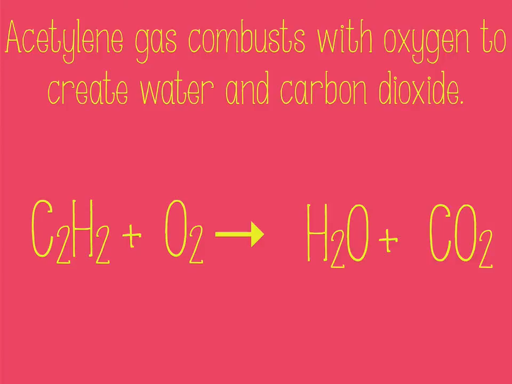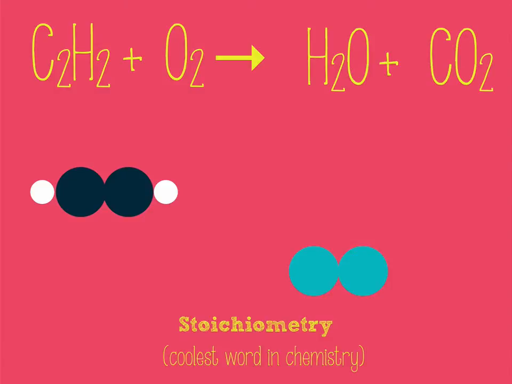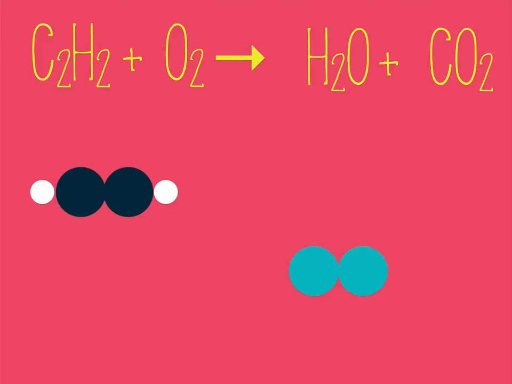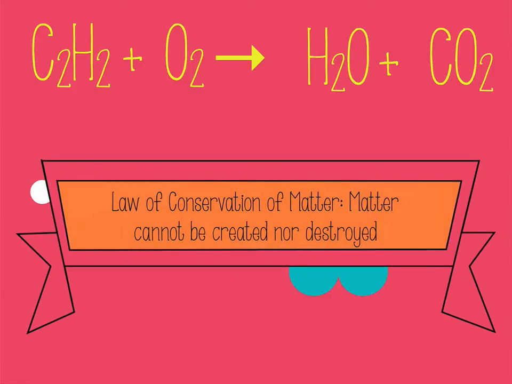But right now, it's not chemically true. Here's why. Here is acetylene, and here is oxygen. If we slam them together and add some heat, nothing will happen if there's just one of each. The ratios, or stoichiometry, isn't right. I can't make water and CO2 without creating and destroying matter, and that's a big no-no according to the law of conservation of matter.